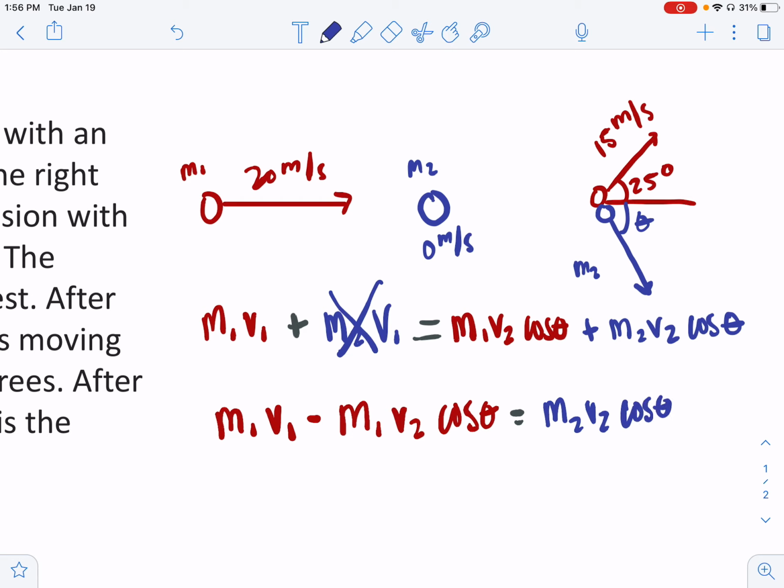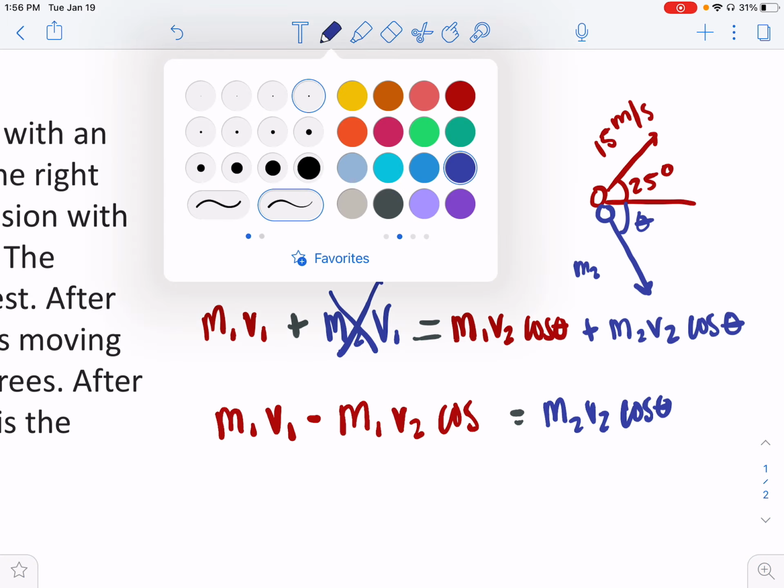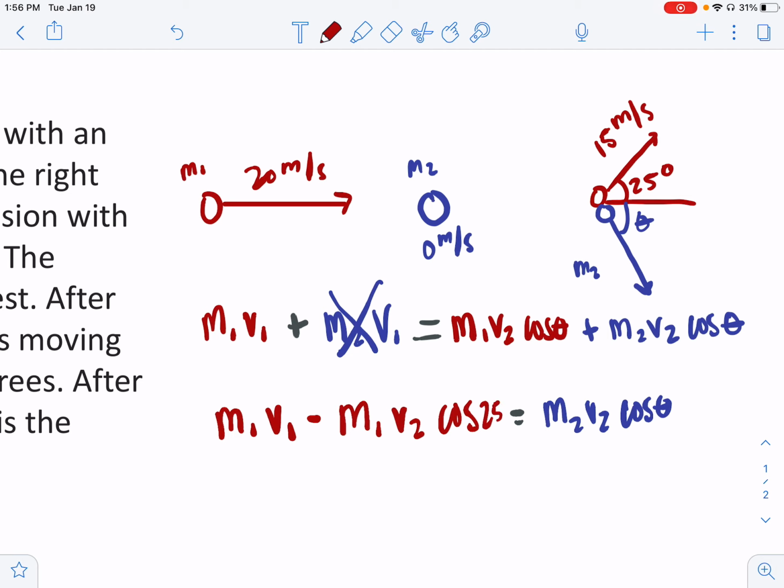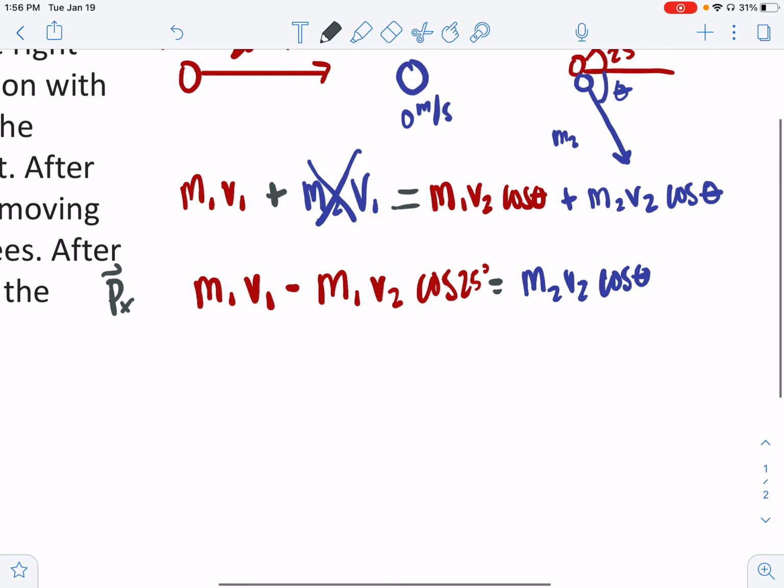I'm going to plug in 25 for that first theta. I also want to note that this V2 and this V2 are different. Instead of giving them another subscript, I know they're different because I'm using different colors here. This one is the velocity of the second disk, and this one is the velocity of the first disk. So here we've dealt with the momentum in the x direction and set up a conservation of momentum problem there.